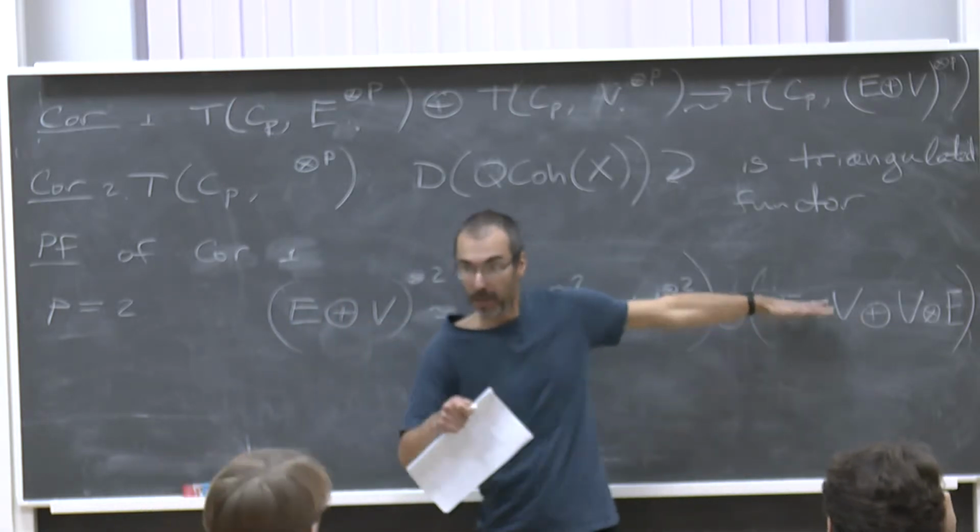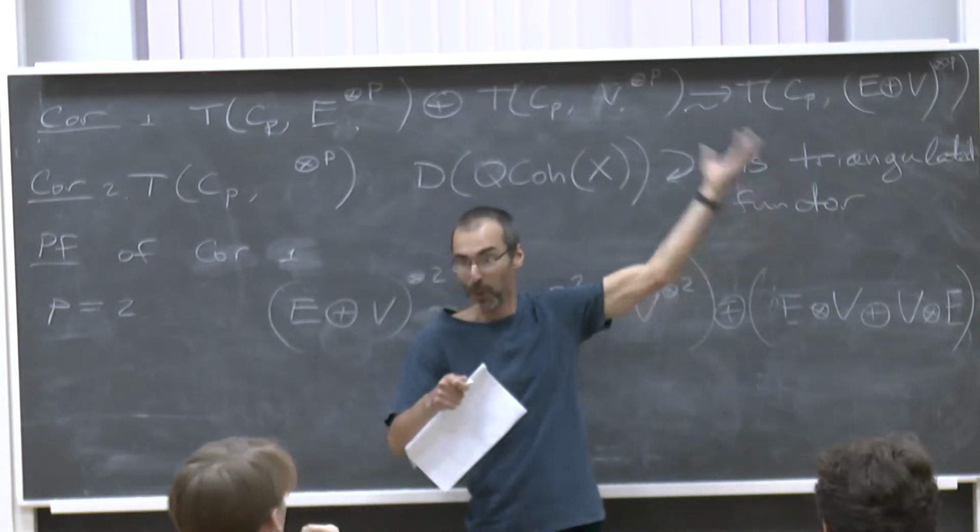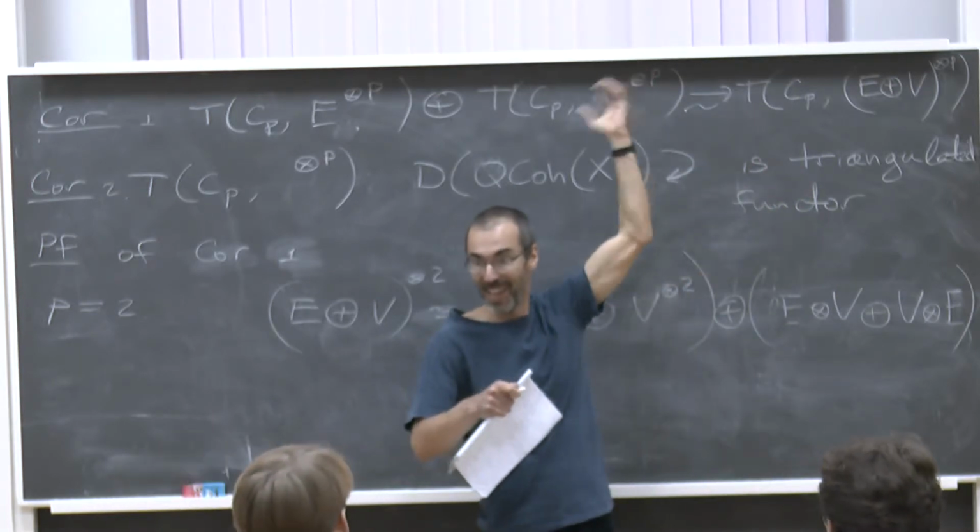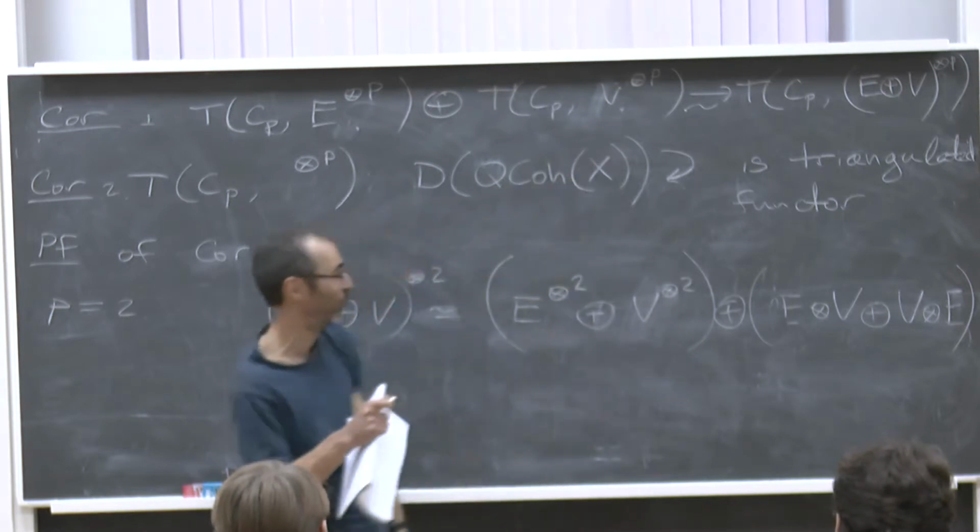And this remaining part is what you want to kill. You want to show that it's 0. Then the corollary will follow.